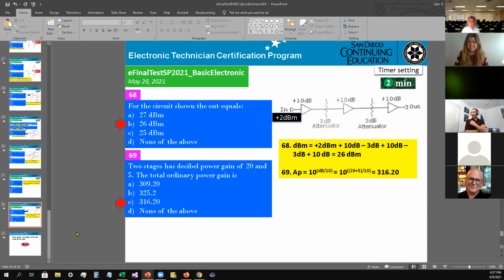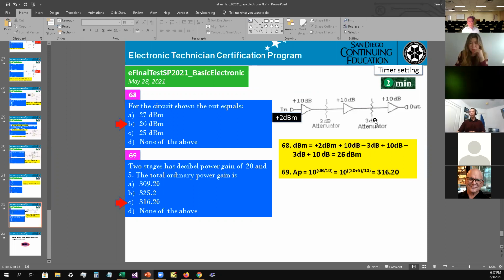For the second showing, we're going to find the out. So 2 is going in. 2 plus the 10, that's going to be 12. Then minus the 3, that would be 9. Plus the 10, that would be 19.